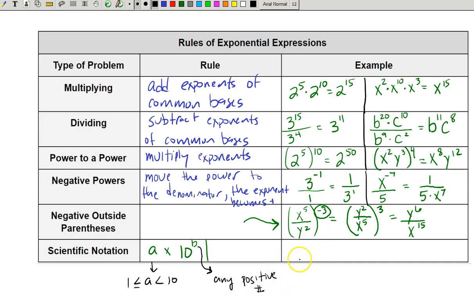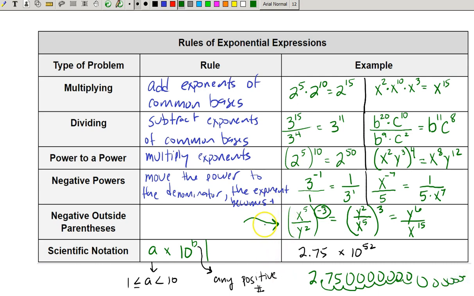Right? So an example could be if we wrote a large number like 2.75 times 10 to the 52nd. If I wrote that out, essentially I would have to write 2.75, and I would just have to start writing out a bunch of zeros here, which I'm not going to do, but I would have to move that decimal place over 52 times. 1, 2, 3, 4, 5, 6, 7, 8, 9, and I would have to write out a lot of zeros.